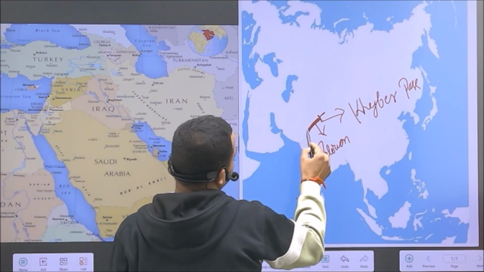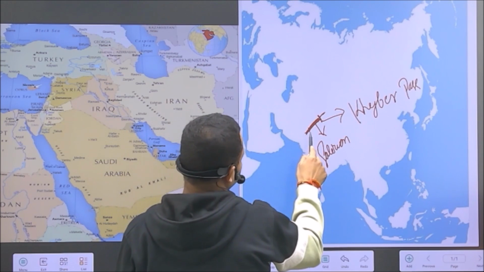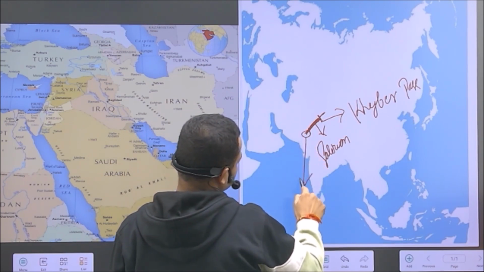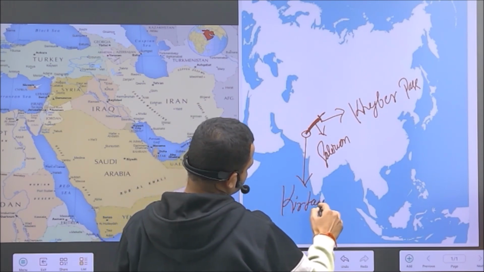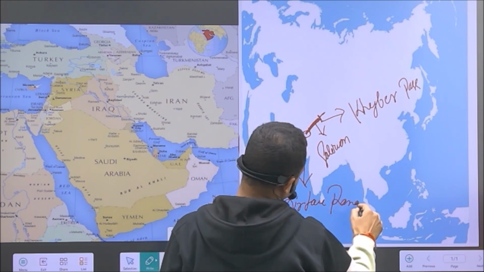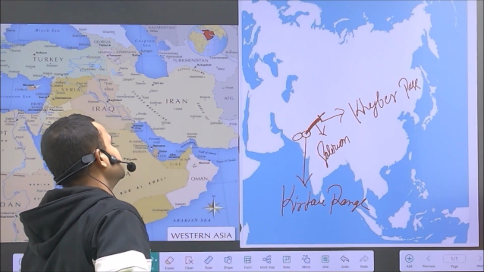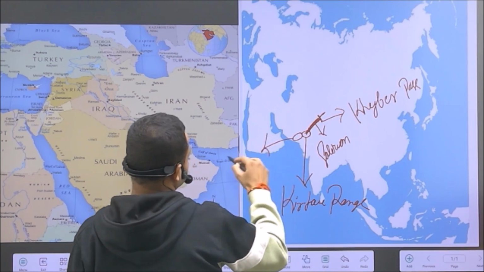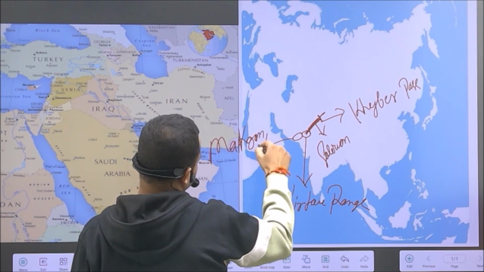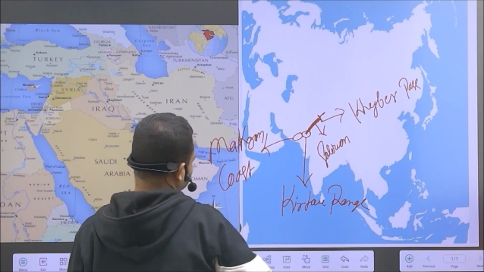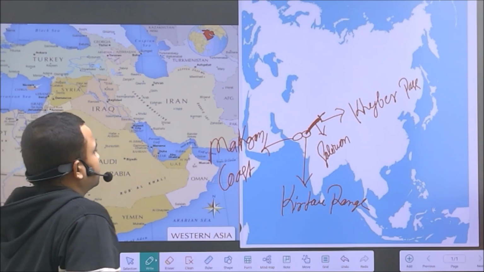The south part of Sulaiman Mountain is called Kirthar range, and the southwest part of Kirthar range is called Makran coast. So these are facts which you have to remember.